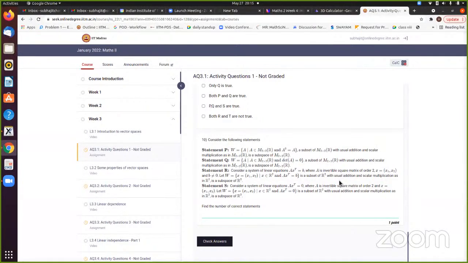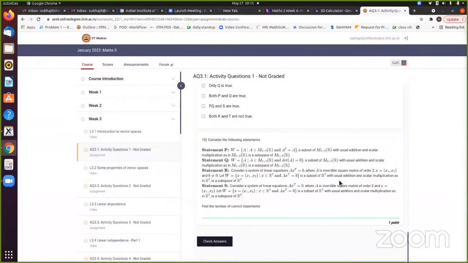You have to check whether it is a subspace of M2 cross 2 R or not, right? So for the first statement, you have to check whether this W is a subspace of M2(R) or not, right? Yes, sir. So for checking a subspace, what do you have to check?